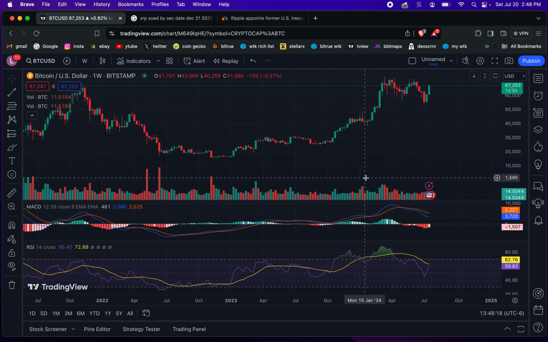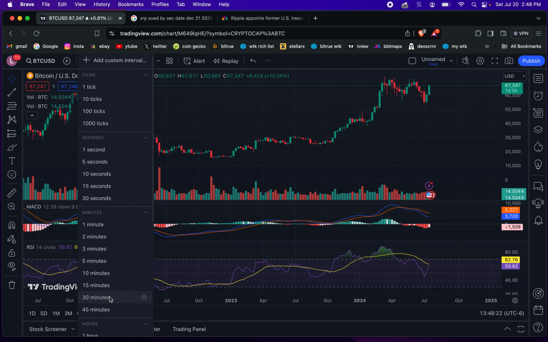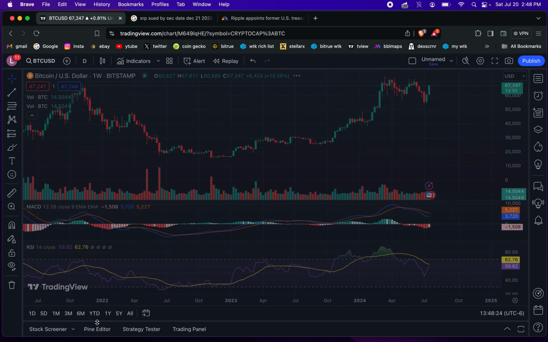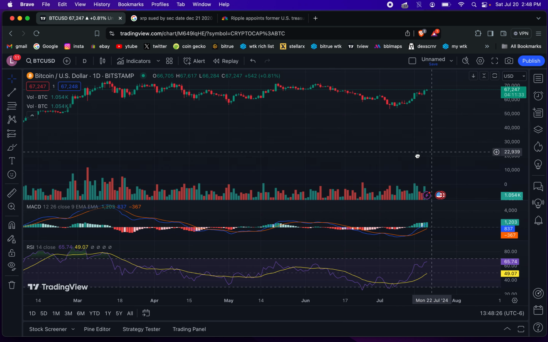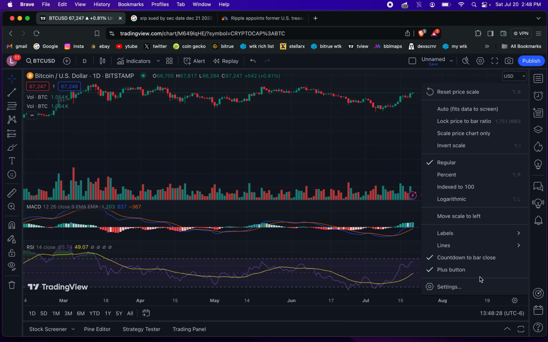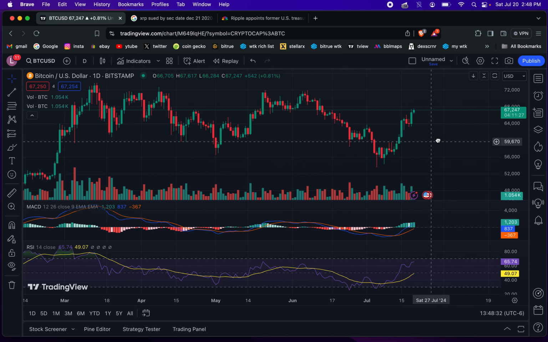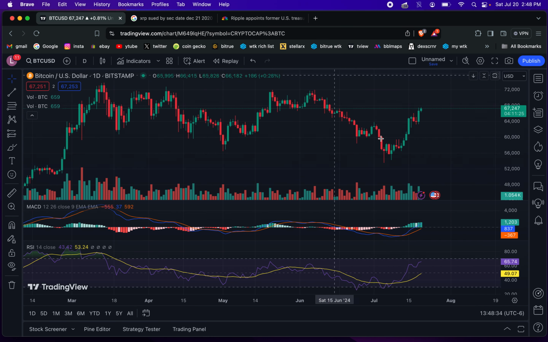And also, let me show you, let's go back to the daily chart here. You can click here where it says reset price scale, and it gives you a better looking chart. So this is the MACD.